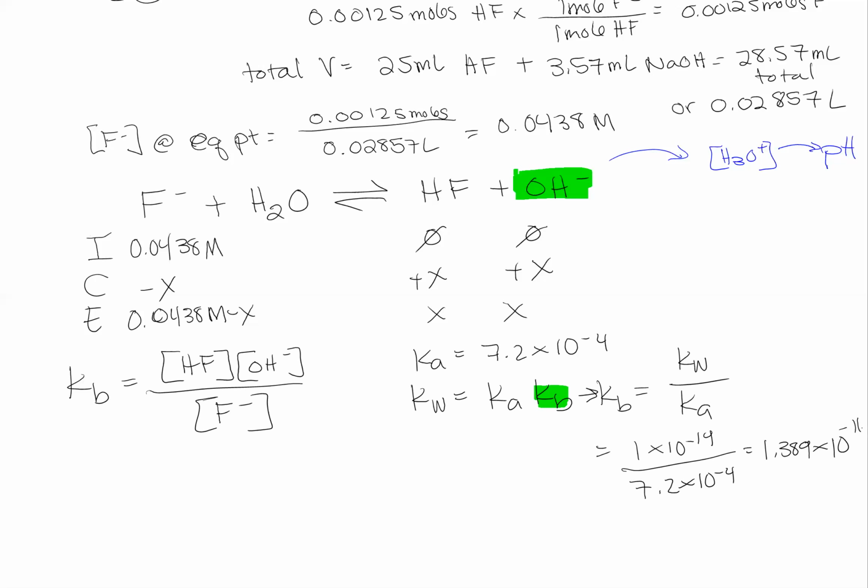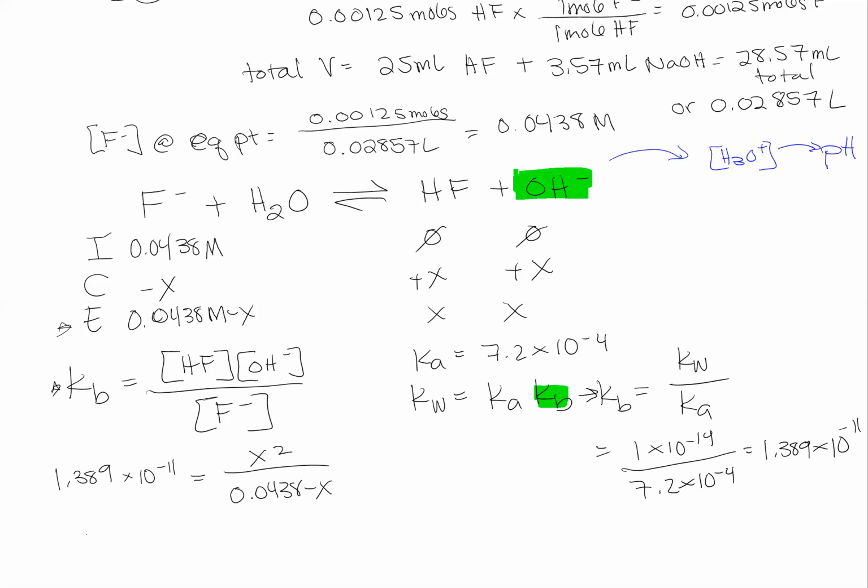All right, so that value can get plugged in right here, and I can plug in my equilibrium concentrations to solve for x. So that 1.389 times 10 to the negative 11th is equal to x squared divided by 0.0438 minus x.